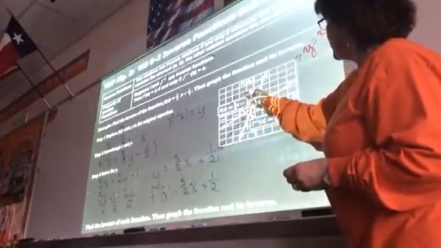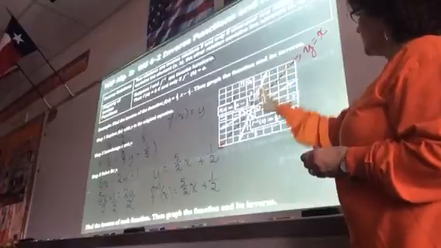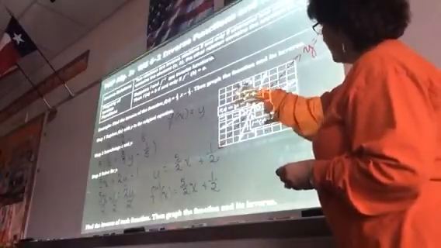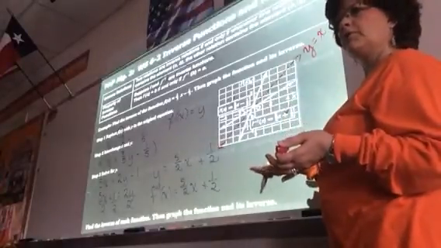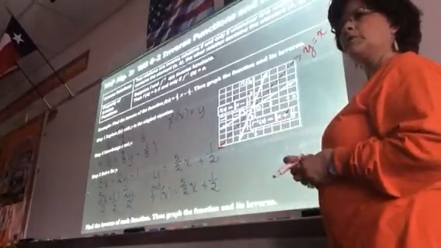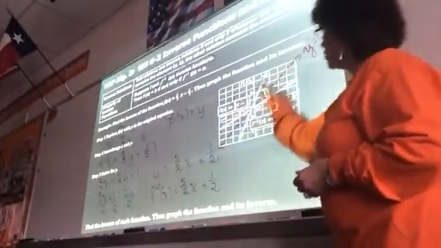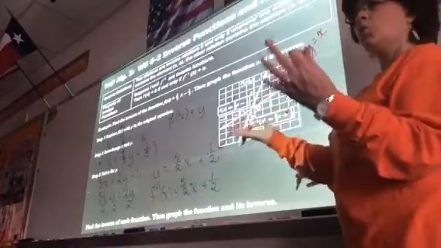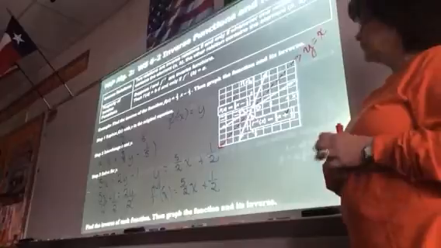Okay, you art students out there. Would you say that f and the inverse of f are reflections of each other across the line y equals x? If I were to fold this paper along the line y equals x, would all of the points match up? They're reflections of each other.